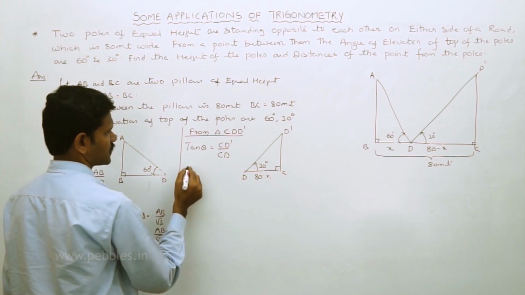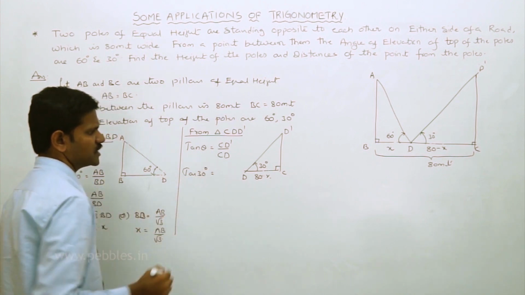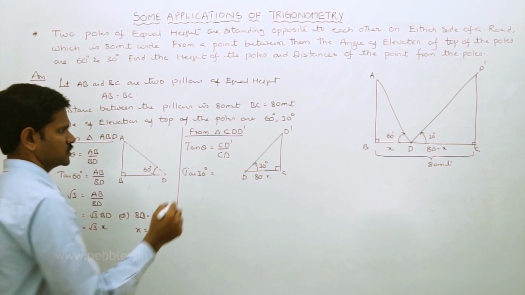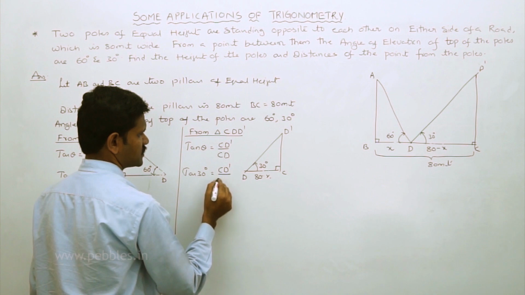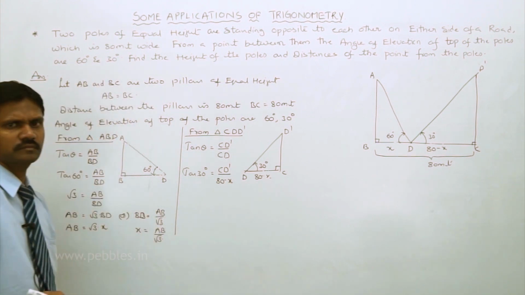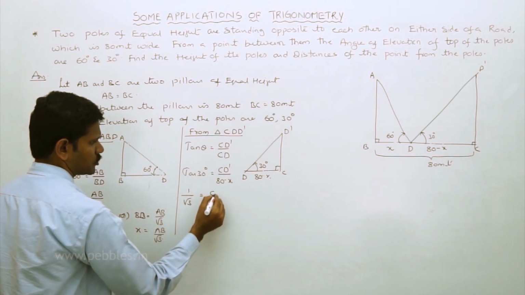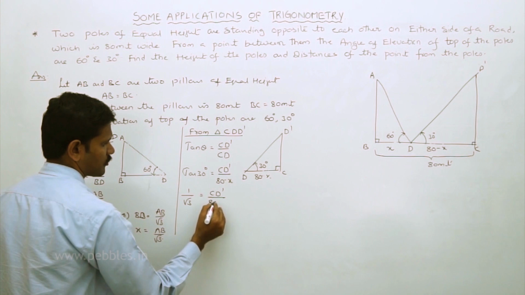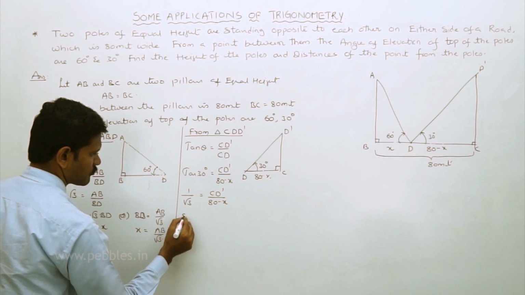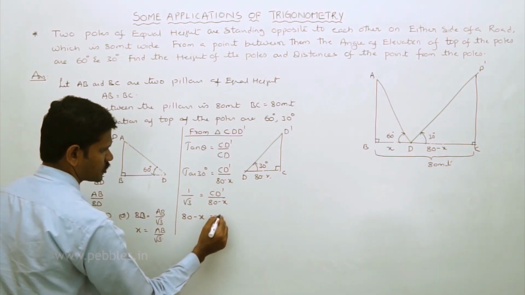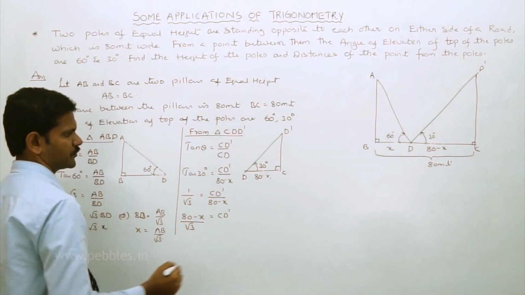That is, tan 30 is equal to CD dash, we have to find out, by CD, which is 80 minus x. Now, tan 30 is 1 by root 3, equal to CD dash by 80 minus x. Cross multiplication, 80 minus x is equal to CD dash over root 3.